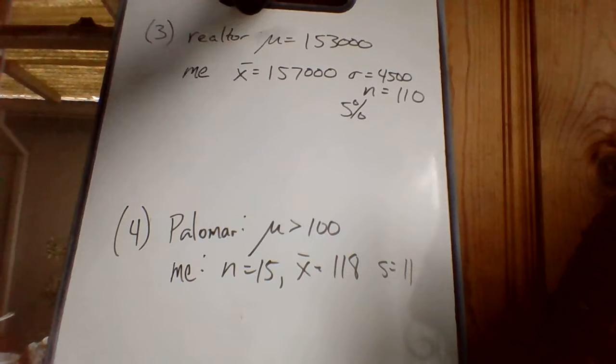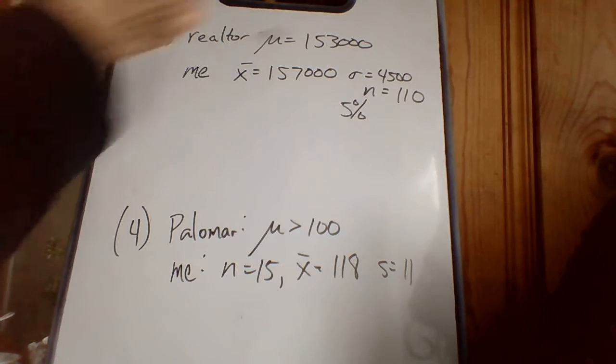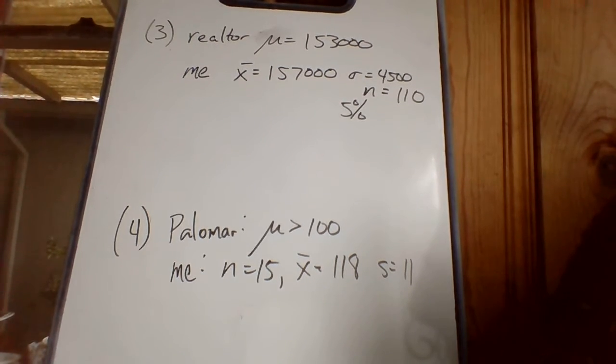All right. Question number 3. Okay, now there's 2 people in here. There's 2 means in here. There was that realtor claiming that the average is 153,000, and there's me, and I'm claiming that it was 157,000. Okay.